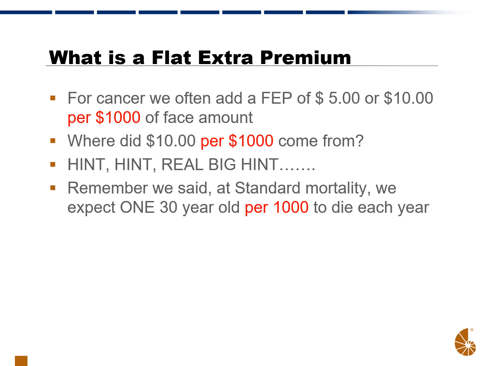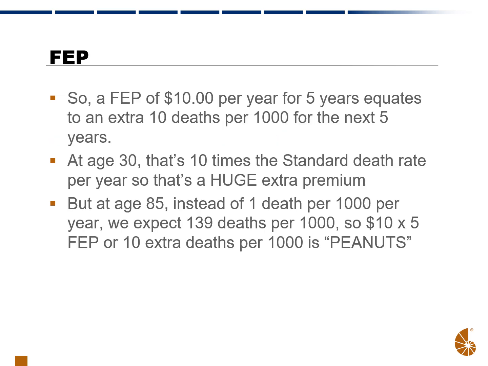In standard mortality for 30-year-olds we were talking about 1 death per 1,000 each year. So let's continue that thought. A flat extra premium of $10 per year for 5 years equates to an extra 10 deaths per 1,000 for the next 5 years. So that flat extra premium is a significant additional charge for a young person.